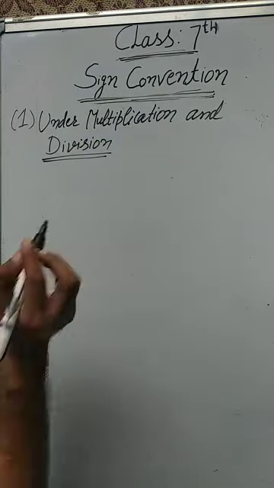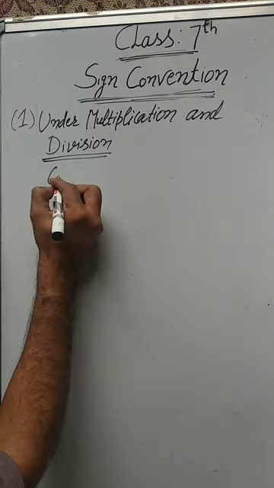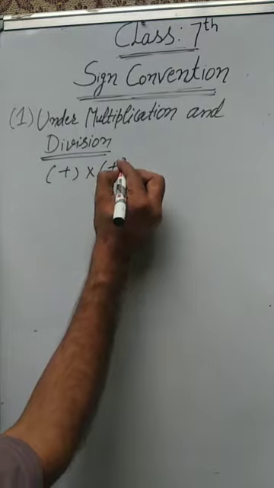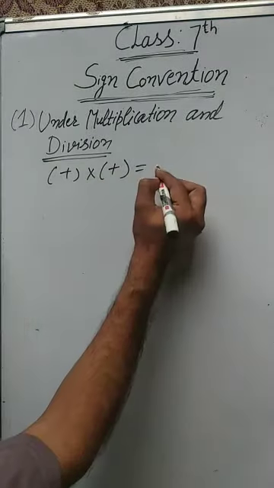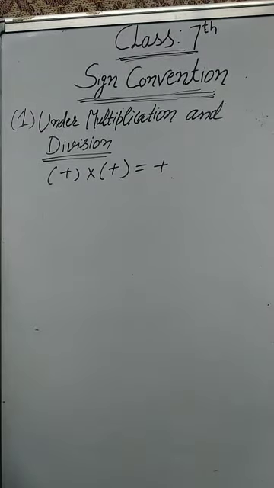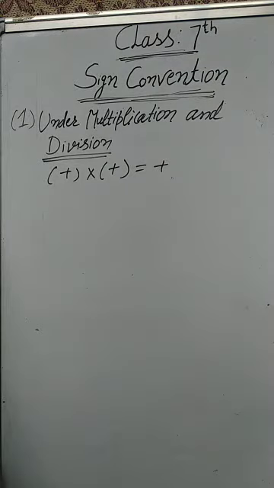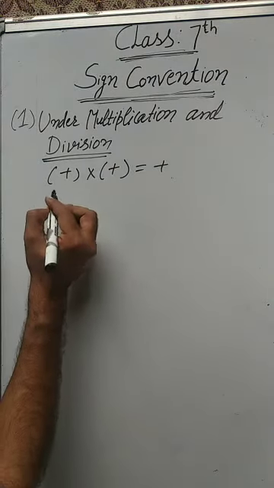Now beta, if you multiply a positive number with a positive number, then your final answer will be a positive number. As I already explained you, if you multiply a positive integer with a positive integer, then your final answer will be a positive integer.